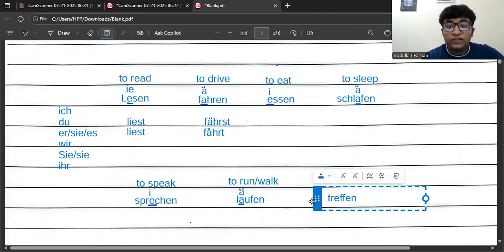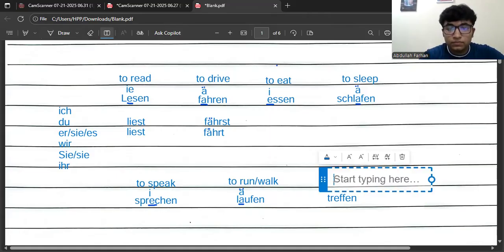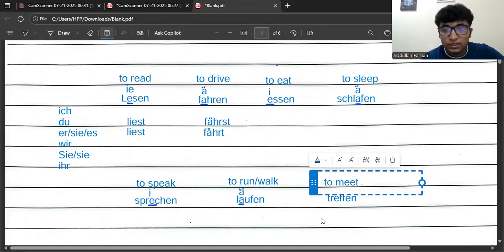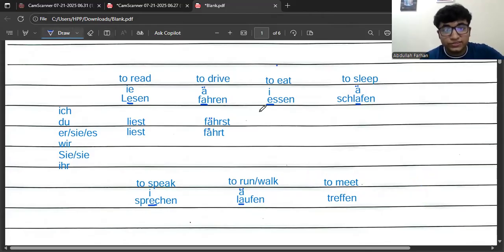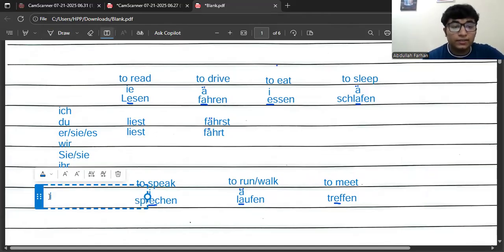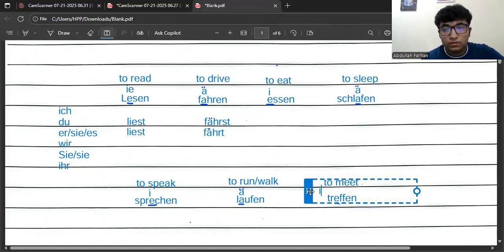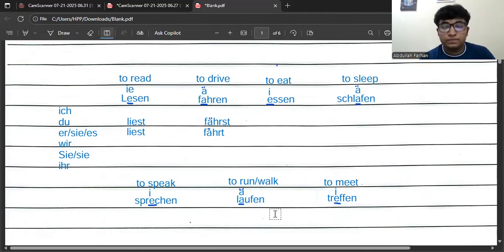Treffen means to meet, and here the E gets replaced with an I. And finally, we've got sehen.